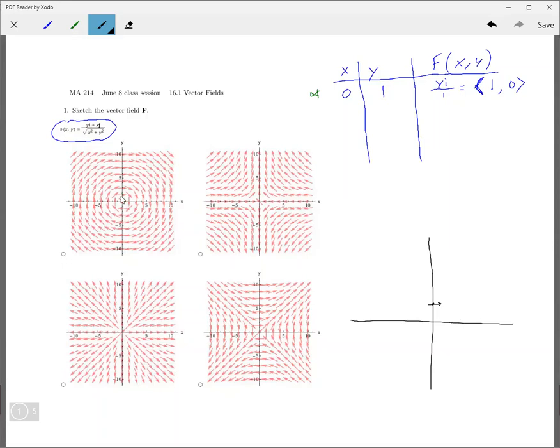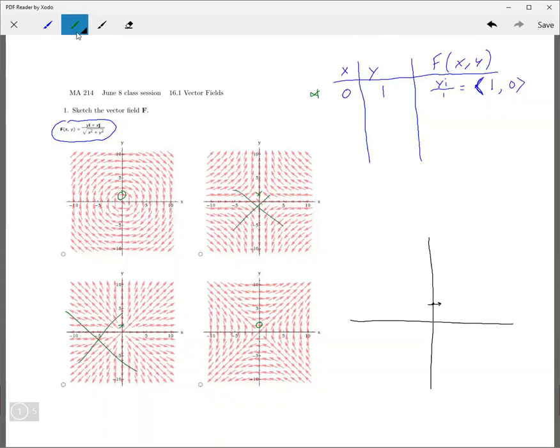And so if you look at that, this one looks like it could be okay, and this one also looks like it could be okay. But these ones don't point to the right, so this one's out and that one's out.